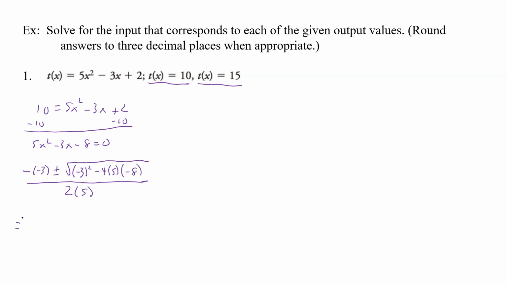And so if I simplify that, let me write that down so I can plug it into the calculator. It's basically 3 plus or minus the square root of 9, and then plus 20 times 8 is 160, all over 10. And so now we can plug that into the calculator.